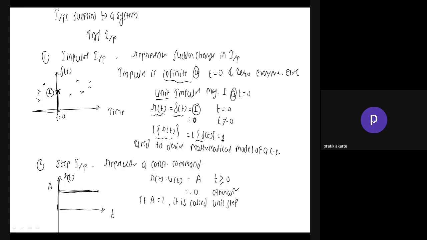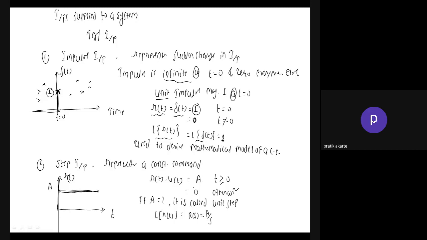Now, again, we take the Laplace of this. If we take the Laplace of r of t, it is R of s, which is A upon s. So for this A, it is A upon s.